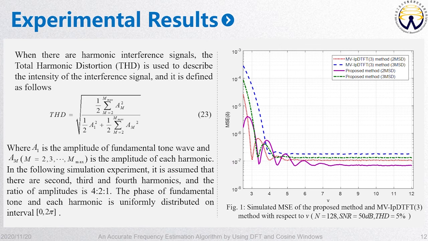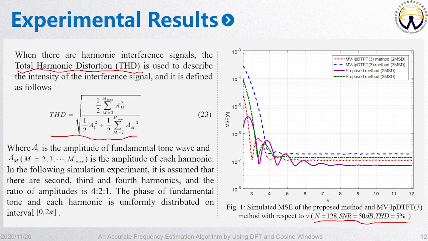Meanwhile, for the sake of finding the difference between the performance of the proposed algorithm and that of the competing algorithm, expression 21 is used, and THD is used to describe the intensity of the interfering signal. When N equals 128, SNR equals 50 dB, THD equals 5%.